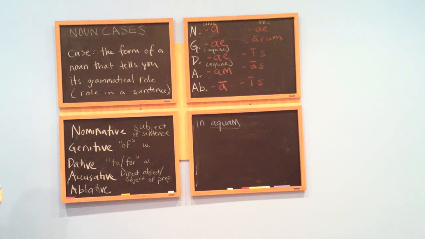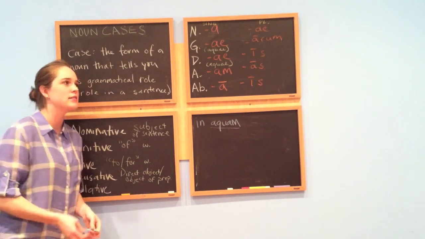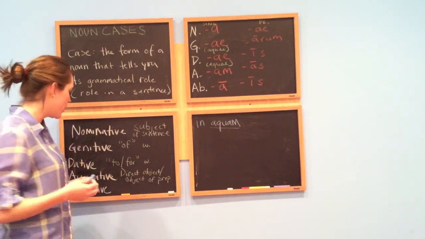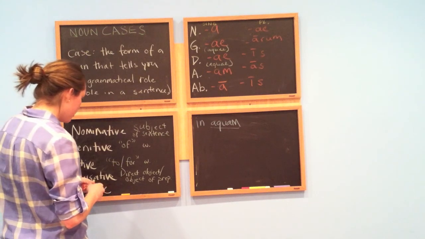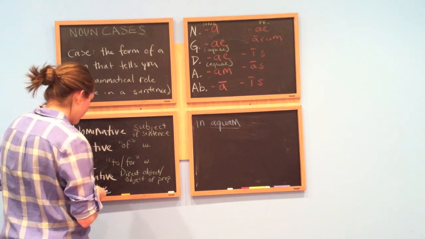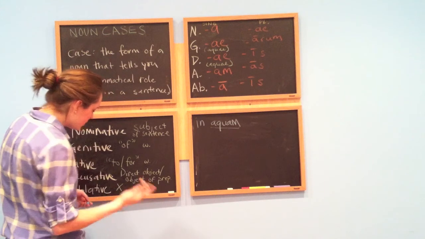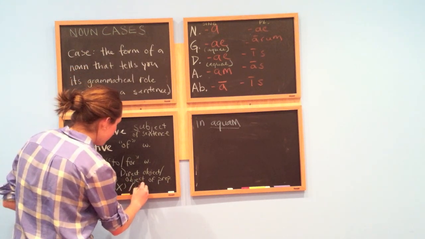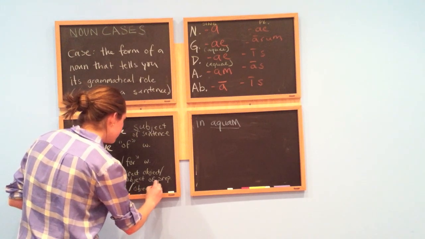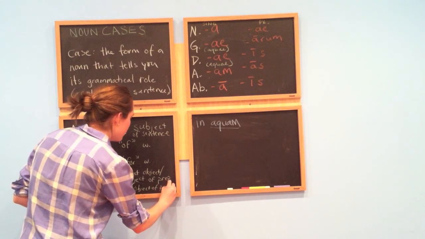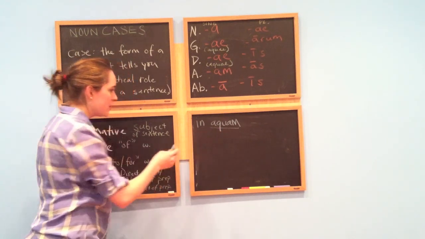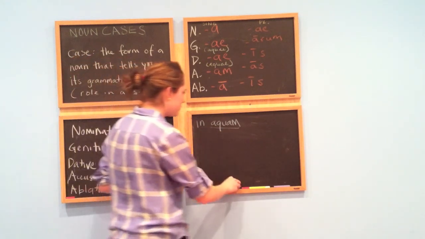Now finally, for the ablative case, the ablative is sort of the catch-all case. It has a lot of different really random uses that you have to just learn one at a time. So I'm going to put X for varies, slash object of prep. So over here you see that we said in aquam, in plus the accusative means into the water.